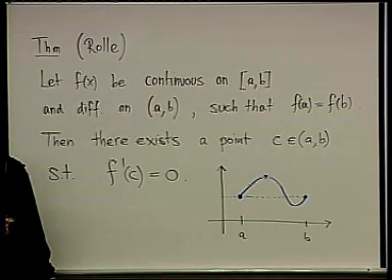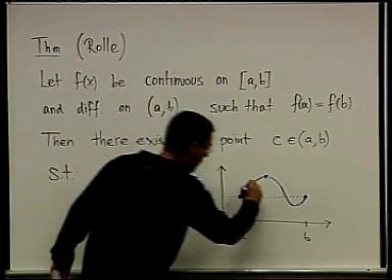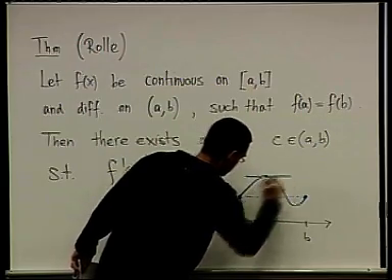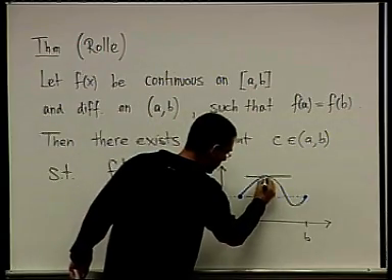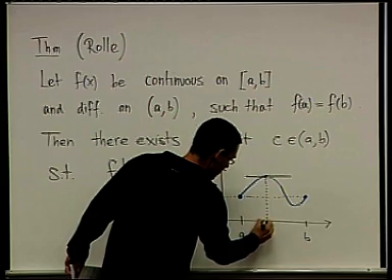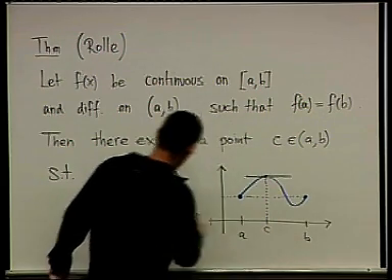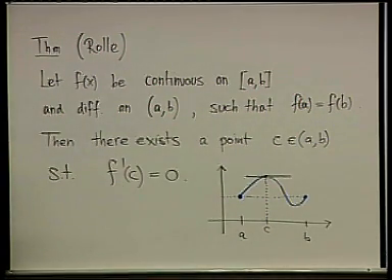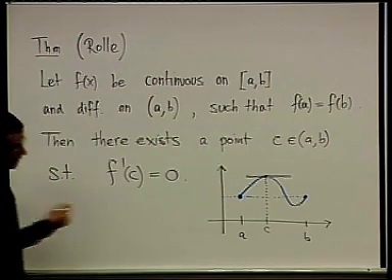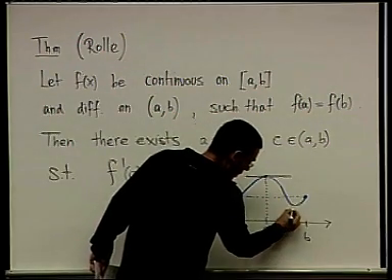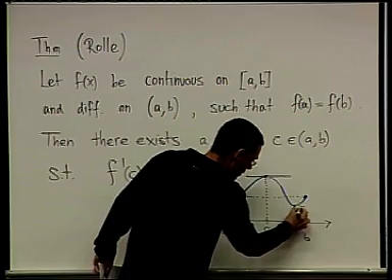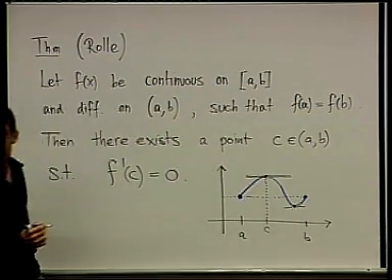The derivative is 0. Right. The derivative there is 0 by Fermat's theorem. In fact, so this is going to be this C that the theorem claims exists. Okay? And in this specific picture that I drew, there are actually two candidates, right? Two of them. Do you see?